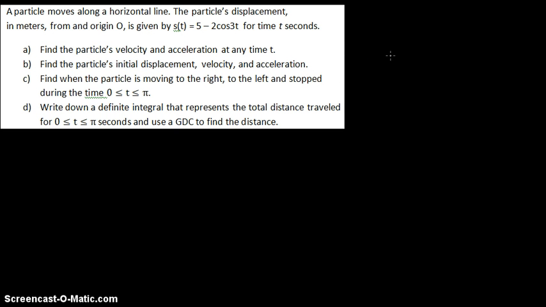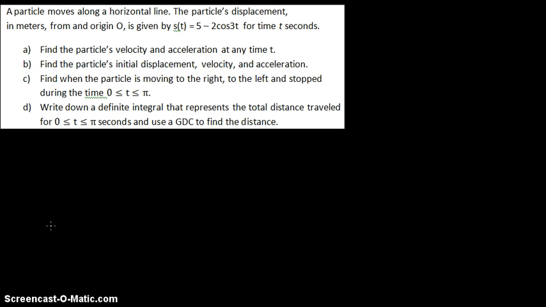All right, so here is an example of kinematics modeled by a trig function. Go ahead, pause the video, read the question carefully, and see what they want us to find. Okay, welcome back.